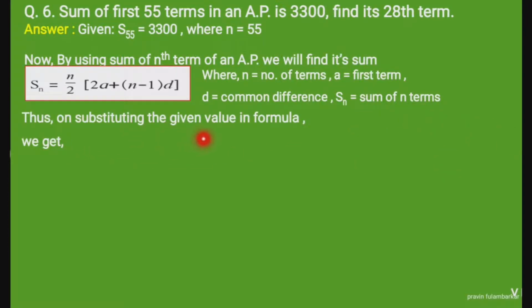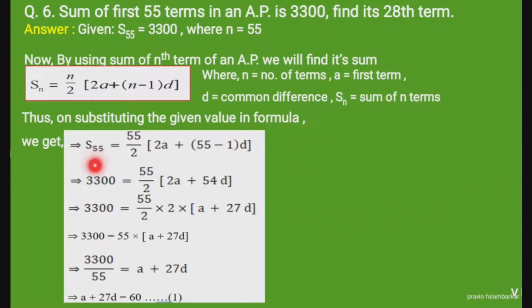Thus on substituting the given values in the formula, the value of n is 55. So we write n by 2, that is 55 by 2 into 2a plus 55 minus 1 into d. So we substitute S55 as 3300. So 55 upon 2 as it is, and 2a plus 54 into d.